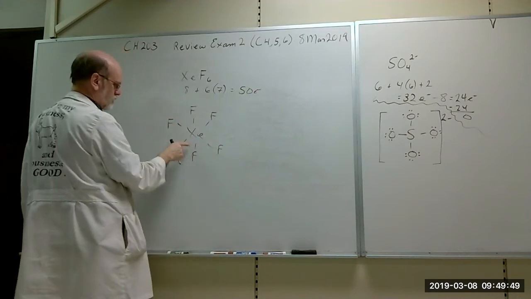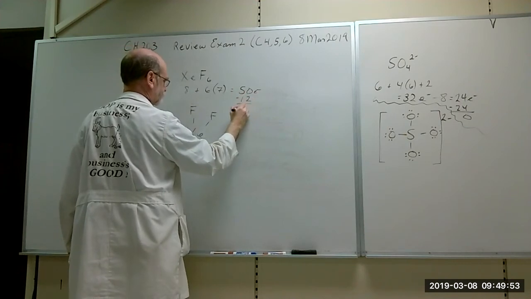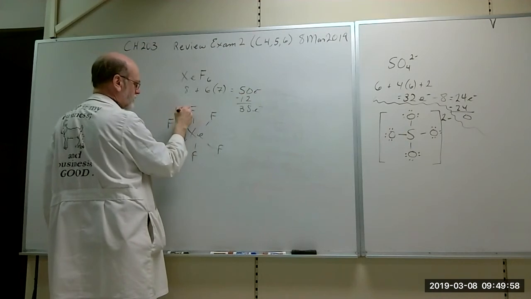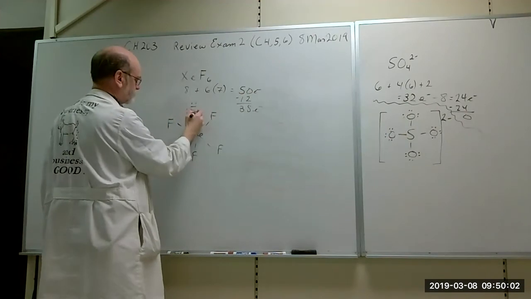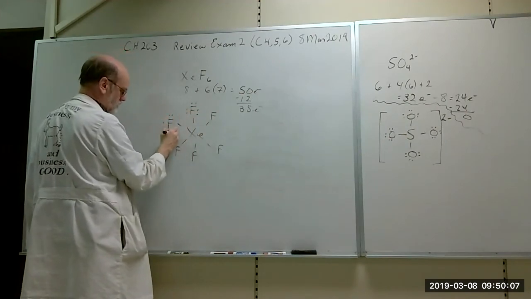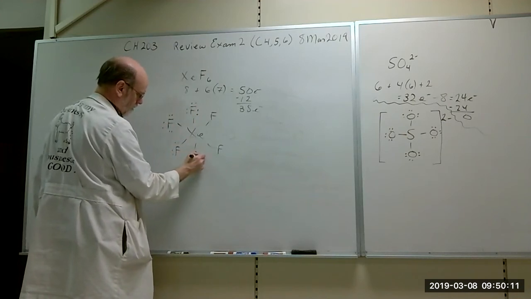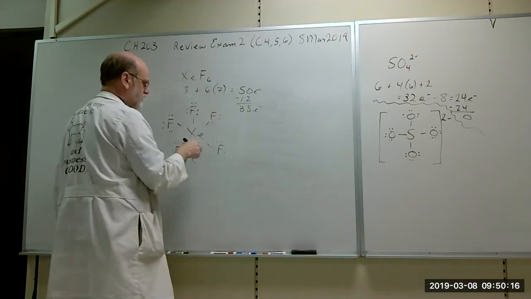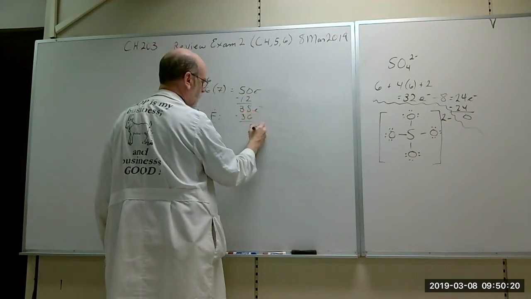Okay, so that's 2, 4, 6, 8, 10, 12. We need 38 electrons. So if we put 1, 2, 3, 4, 5, 6 around each of the fluorines, six times 6 is 36. So we have 2 electrons left over.